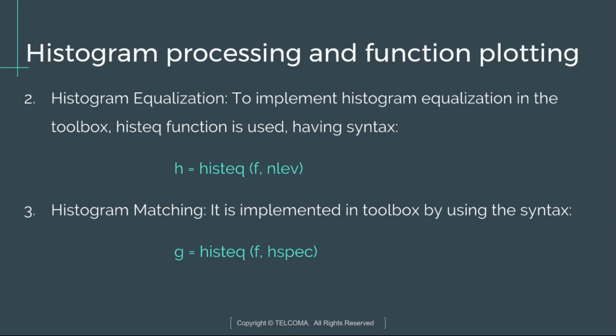If nlev is equal to the total number of possible levels in the input image, then histeq implements the transformation function directly. If nlev is less than the total number of possible levels in the input image, then histeq attempts to distribute the levels so that they will approximate a flat histogram.